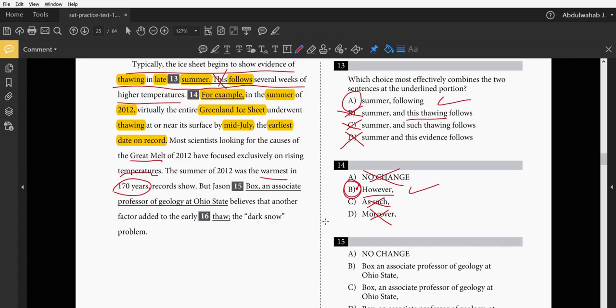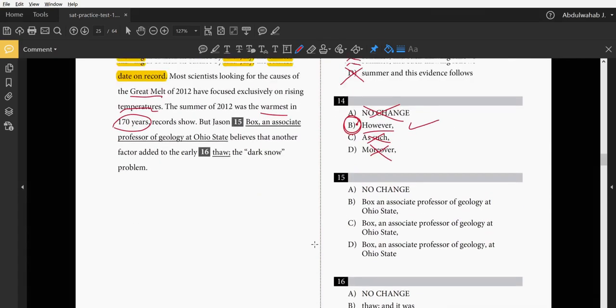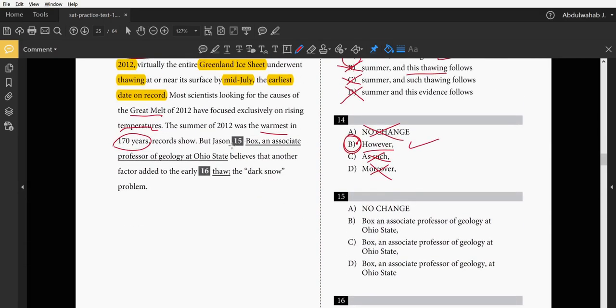What change should be made, if any, to this underlined part? "Box, an associate professor of geology at Ohio State, believes that another factor added to the early thaw." My problem with this underlined part, which you should notice right at the beginning, is that we have an appositive, or what we call a non-restrictive, or basically a parenthetical element.